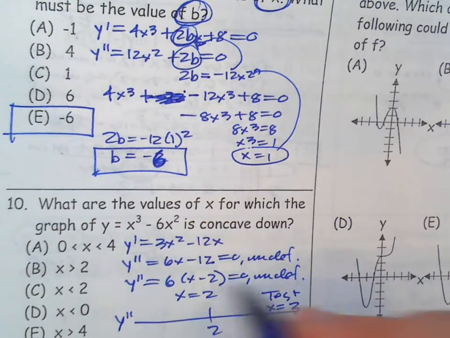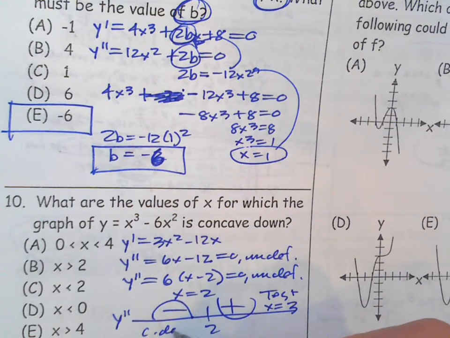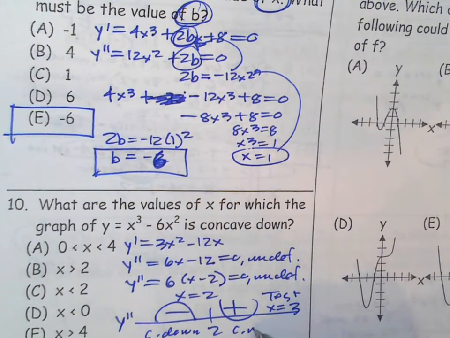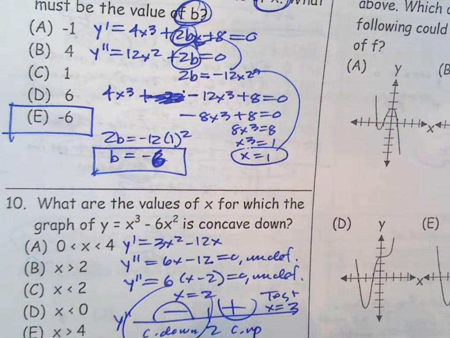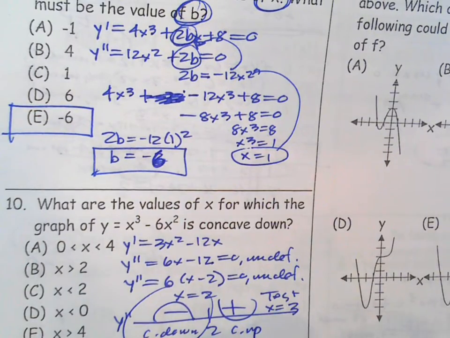The second derivative is positive, negative, concave down, concave up. Inflection point. We want concave down, negative infinity to 2, right? Or x is less than 2.